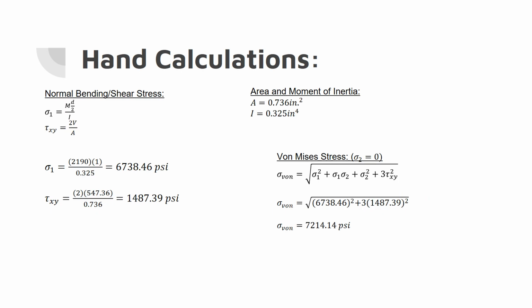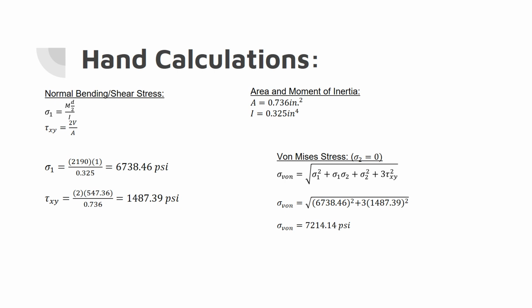After that, we can obtain our normal bending and shear stresses shown here. Just plugging in. Like I said before, on the moment I went ahead and rounded up to 2190, just a little overbearing, I guess. And then here are the area and the moment of inertia, which we did calculate, though it's not shown here, and a table in the book also provided them for us, so we're just using the values given here.